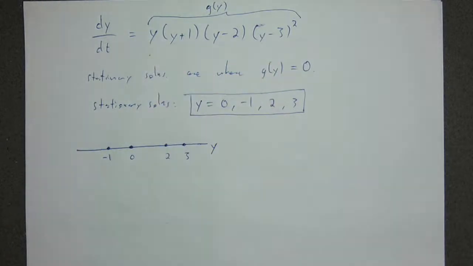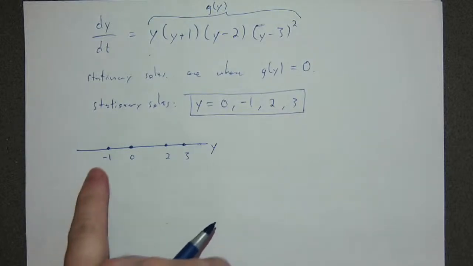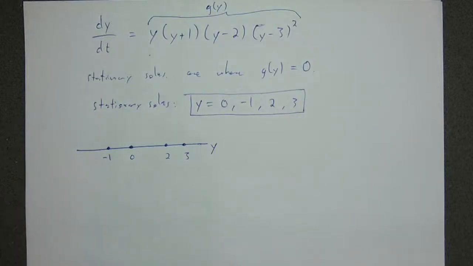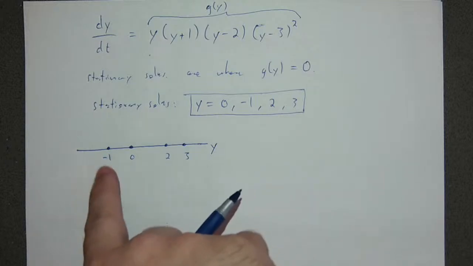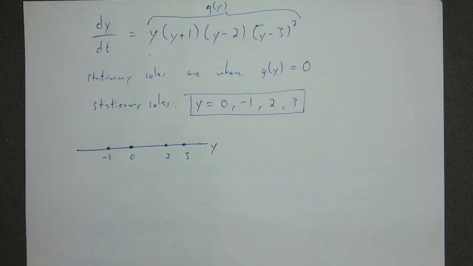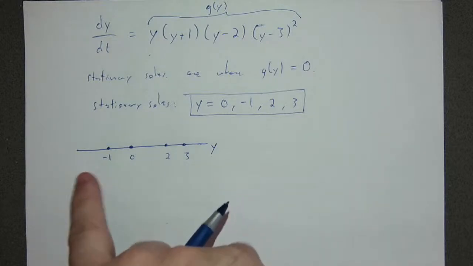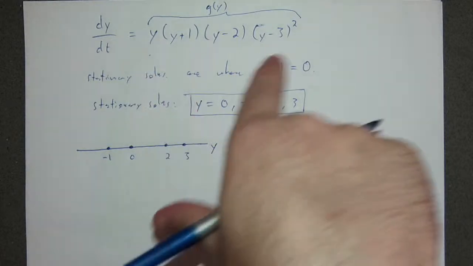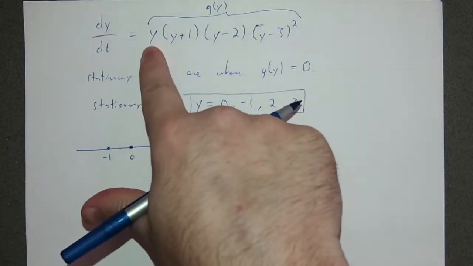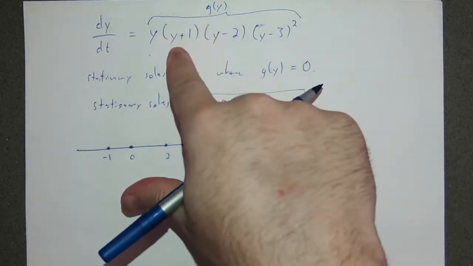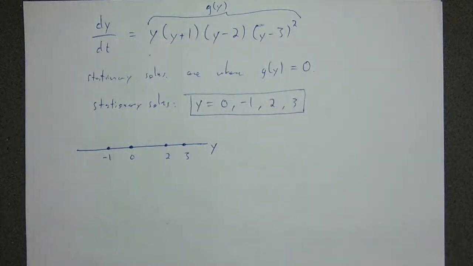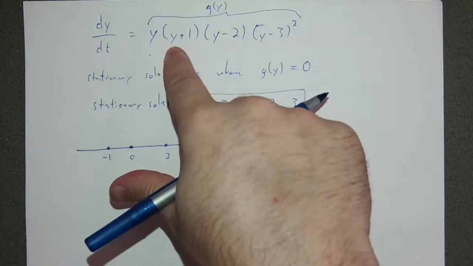So I look at this and I say, okay, to the left of minus 1, what's the sign of this? So you're thinking of values like minus 2, minus 3. You're also thinking about values like minus 50 million, right? So to the left of minus 1, what is the sign of g? This y term is negative. This y plus 1 term is also negative.